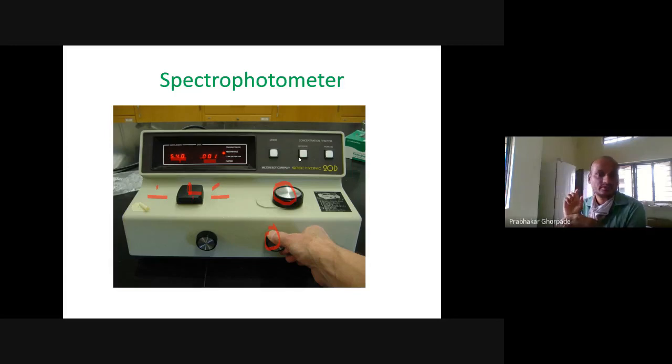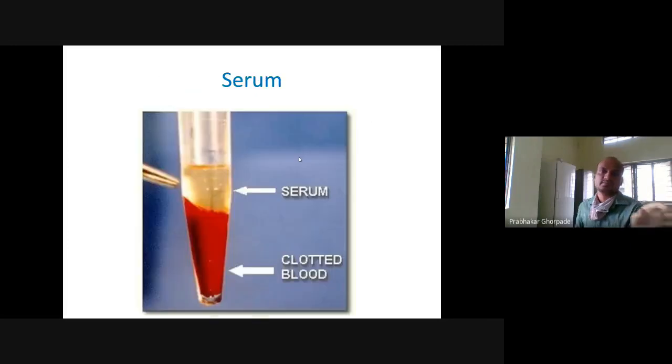If you are estimating glucose, we have to select a wavelength of 505 nanometer, for example, so that the specific reaction has a specific wavelength and gives the particular reading. Instead of 505, if you select 650 nanometer, it won't give an accurate reading. A particular test sample has a particular extinction coefficient for particular light, and based on that the wavelength is determined. This is the spectrophotometer equipment.